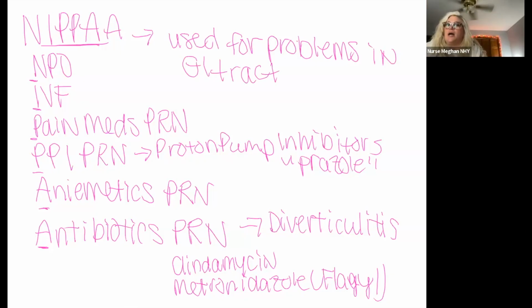Our I is IV fluids. Our first P is going to be pain meds as needed. Our second P can be proton pump inhibitors as needed, and we talked about those being medications that end in prazole. Also antiemetics as needed, and we talked about that being for patients that are nauseous or vomiting, and an example would be ondansetron.